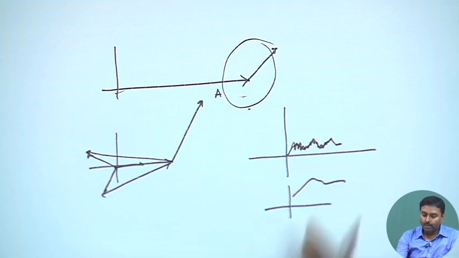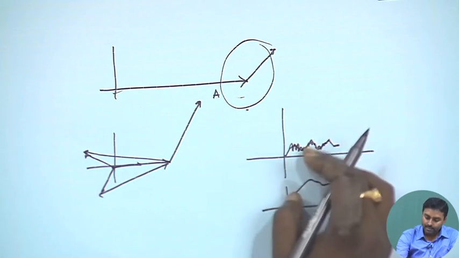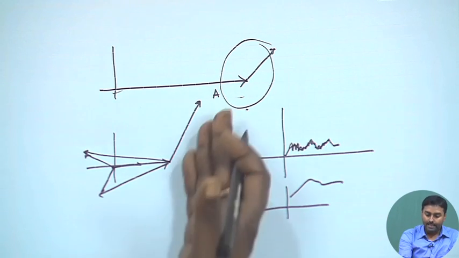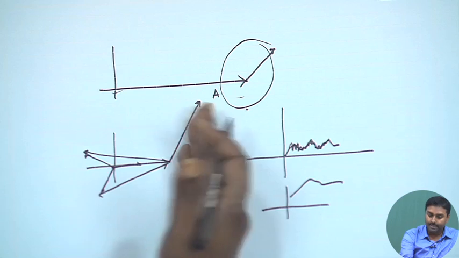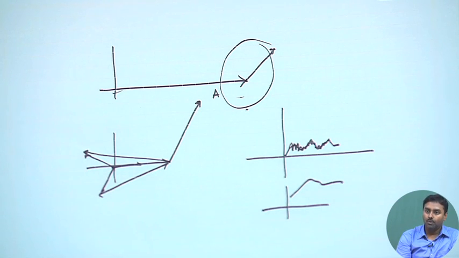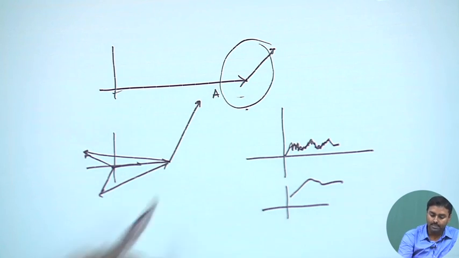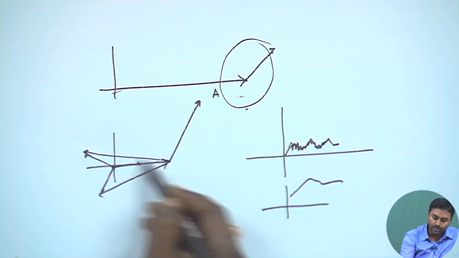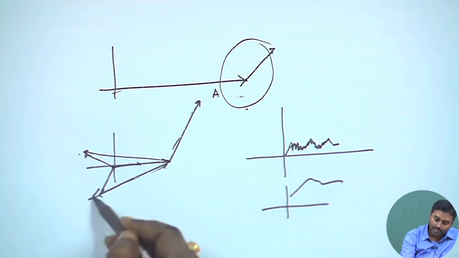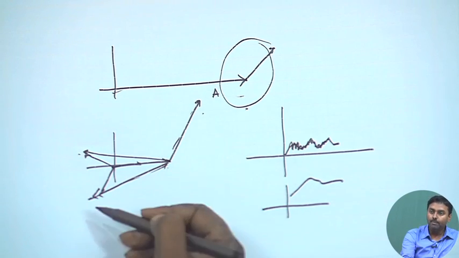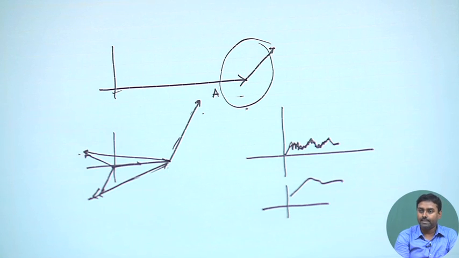Whereas, what will happen over here, once there is a variation, suppose it is in this direction, now noise is random. So, in the next instant it can immediately go into this direction. So, there will be almost a pi phase shift.